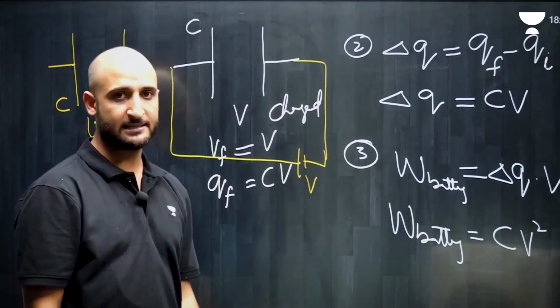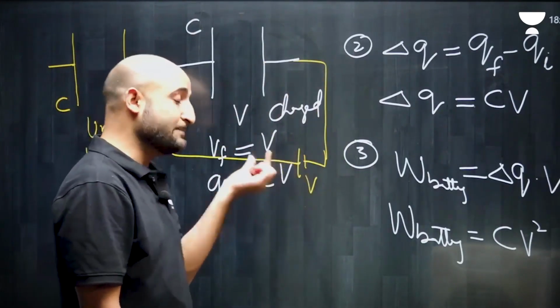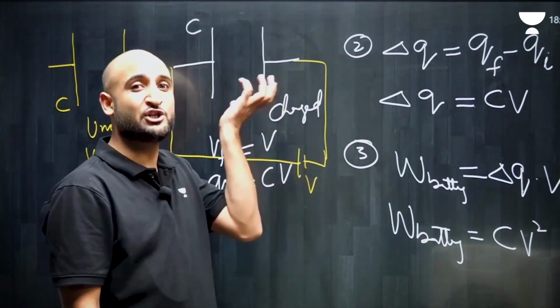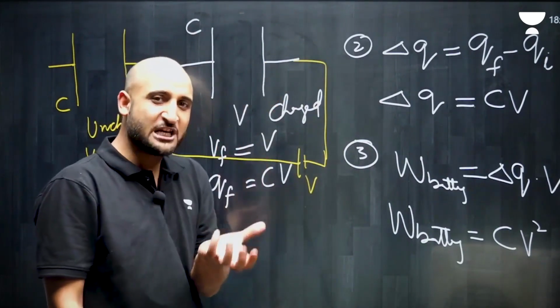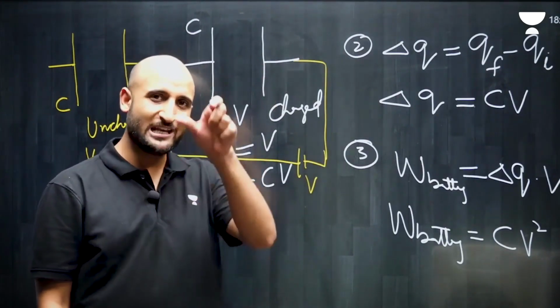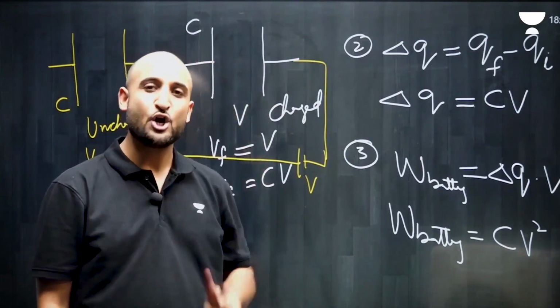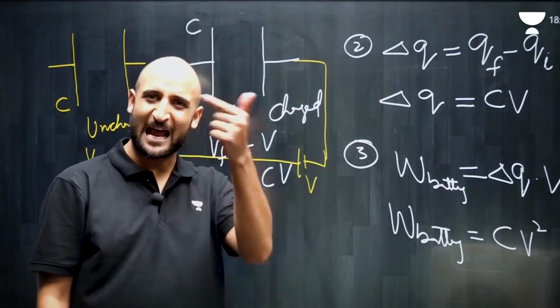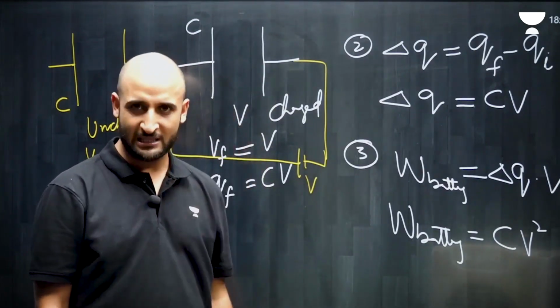So again I'm repeating, this battery is a source of energy to the circuit, and that energy is utilized for two things. One, to give energy to the capacitor. Two, a part of the energy supplied by the battery is dissipated in the form of heat.